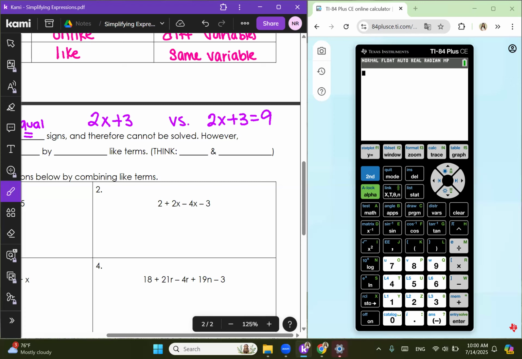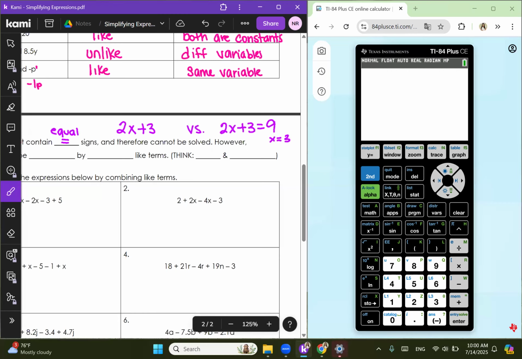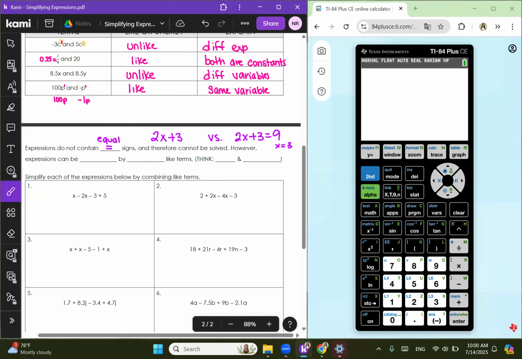The other one, you actually end up with an answer. And in this case, the answer would be x equals 3. Okay. In an equation, you can actually solve for one whole number. In an expression, answers are going to be a little bit bigger. You're not going to solve for a single digit. However, expressions can be simplified.